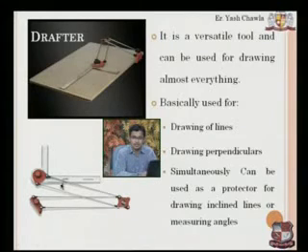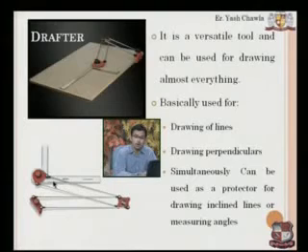Well, this particular scale is at 90 degrees, so we can draw horizontal lines, we can draw vertical lines, and we can draw a perpendicular line to a horizontal or a vertical line. Moreover, the speciality of this particular instrument is that it comes with a 360 degree scale.